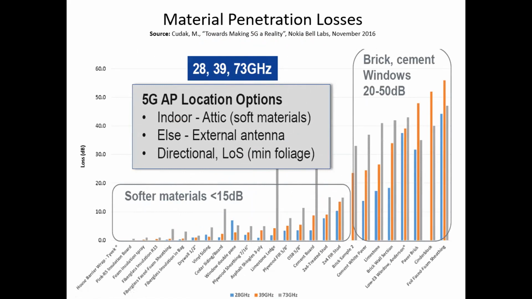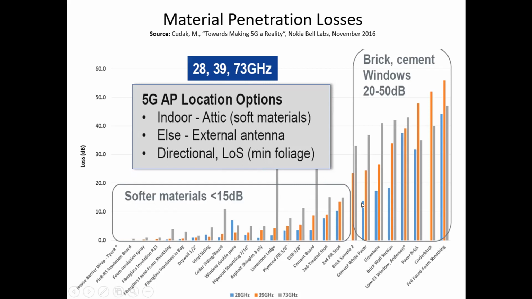For the 5G deployment, these frequencies are considered potential, especially the 28 gigahertz, which will be one of the first deployments. Around 39 gigahertz, some preparations are there. 73 gigahertz will also have deployment, but not in the near future.